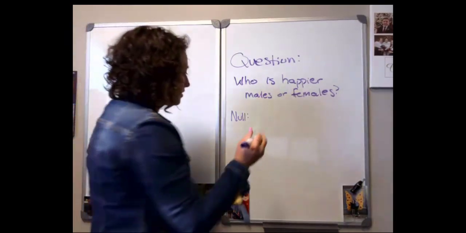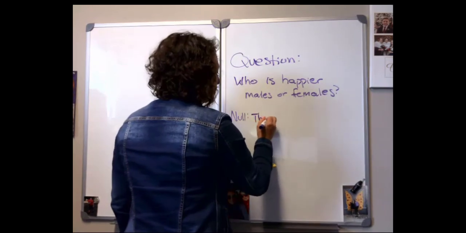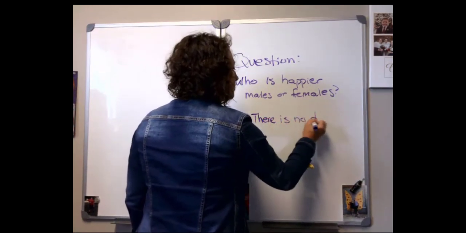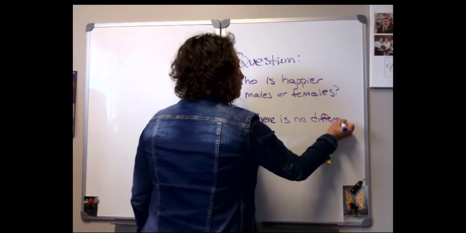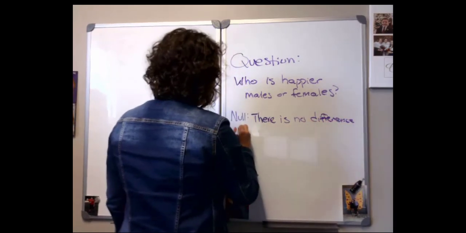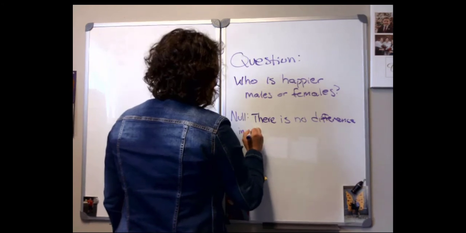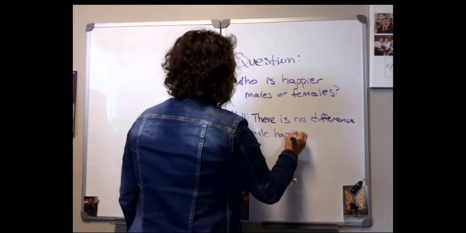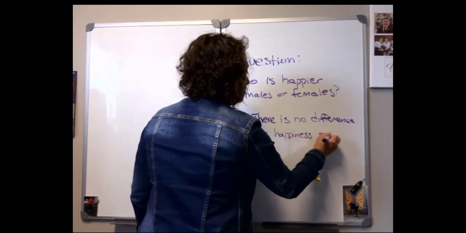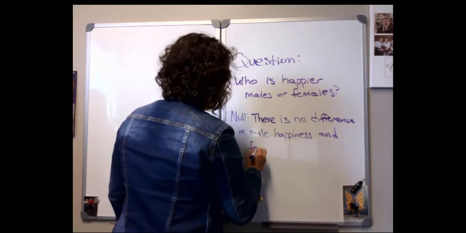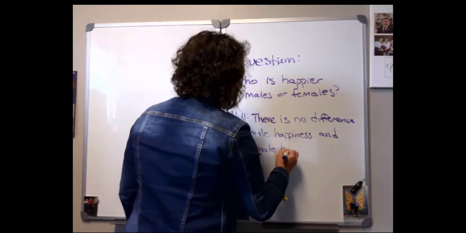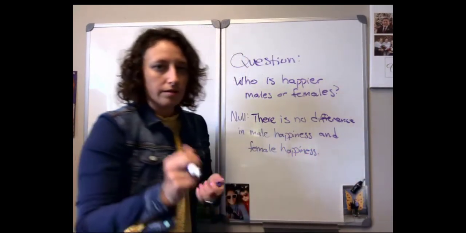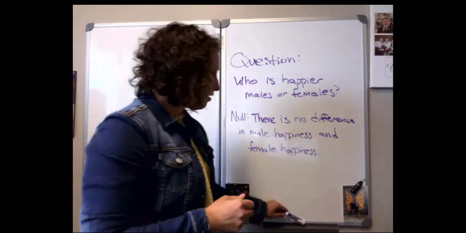So my null is going to say something along the lines of: there is no difference in male happiness and female happiness.